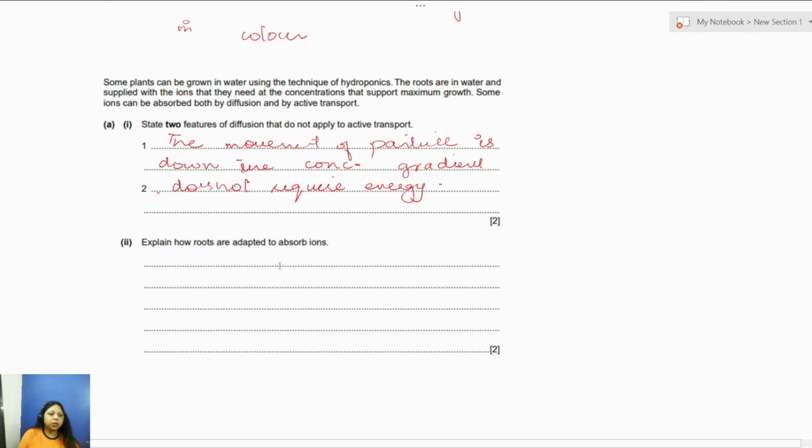Then there is the next question. How are roots adapted to absorb ions? Roots, what is present? Exactly. Root hair cells.